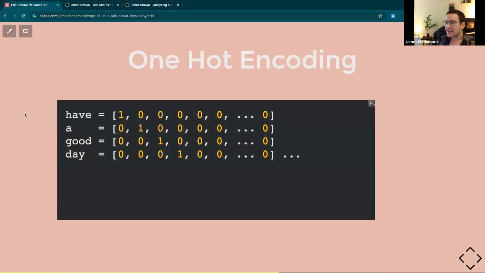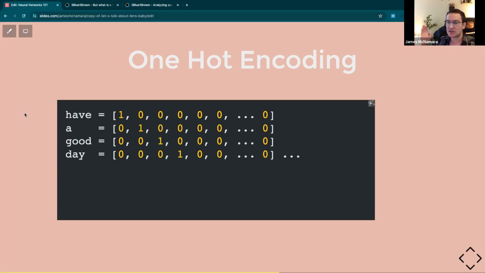So the technique that most researchers were using to represent text is what's called a one-hot encoding. I pick 10,000 or 1,000 or 50,000 words, and then I represent every word as a list of that length. So let's say it's 10,000.